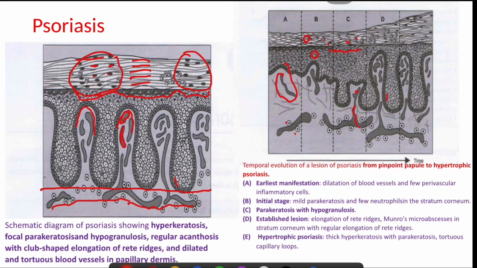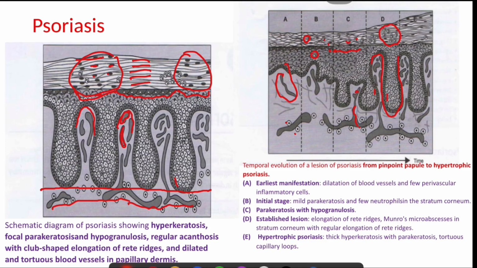Now in the established lesion, the rete ridges are elongated, and one is Munro's microabscess. What is Munro's microabscess? It is nothing but the collection of polymorphs in the keratinous layer.